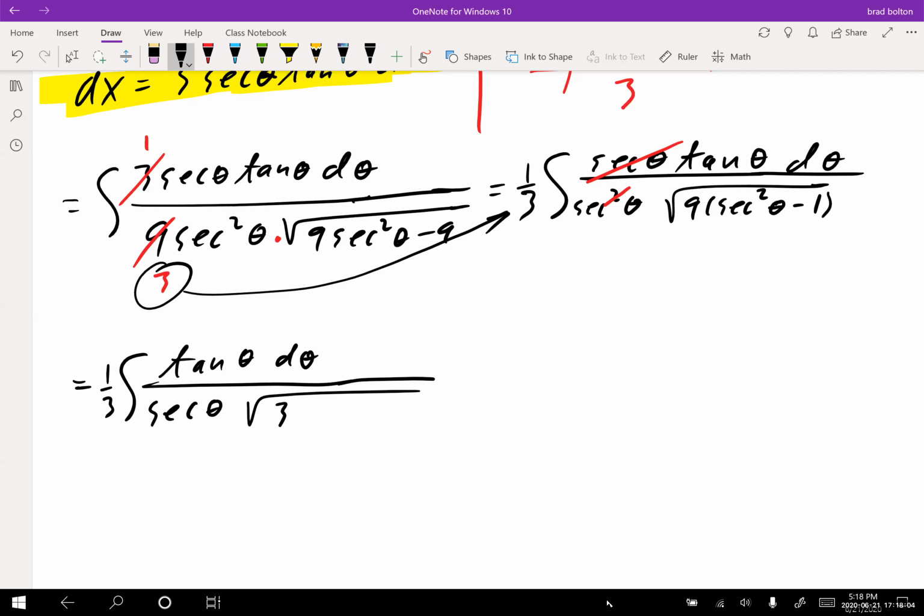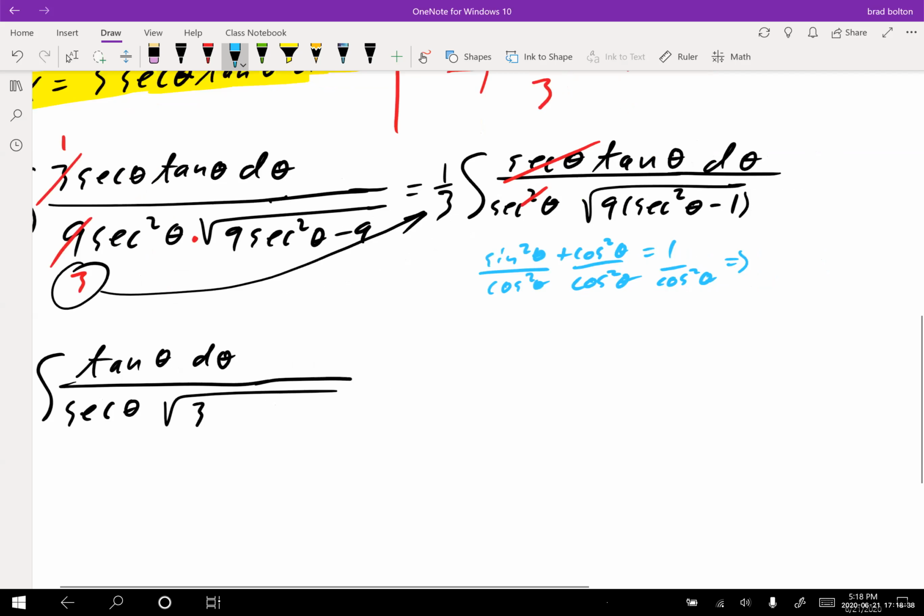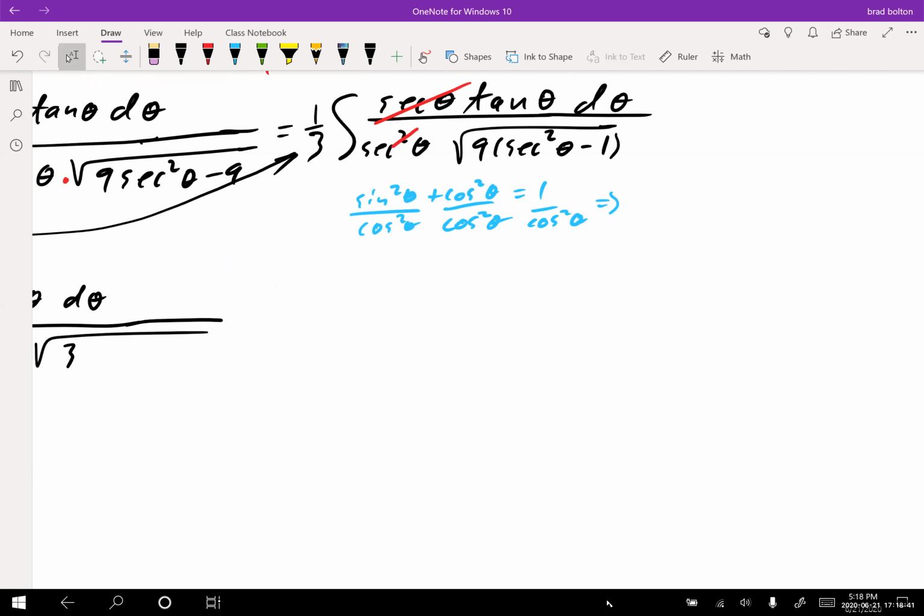Now remember, secant squared theta. So I showed you guys that if you had, let me write a little scratch work here, sine squared theta plus cosine squared theta equals 1, if you divided everything by cosine squared, you would actually get tan squared theta plus 1 equals secant squared theta.